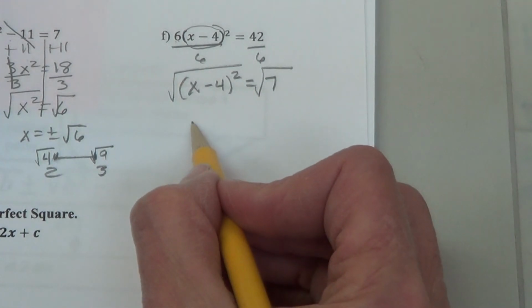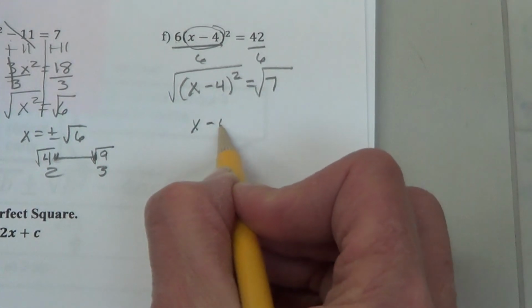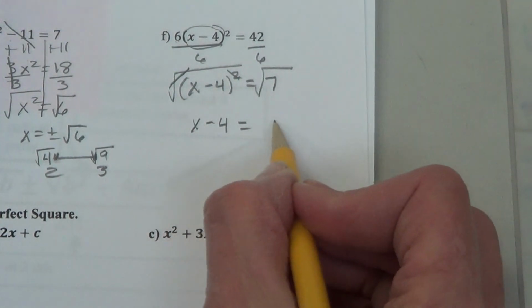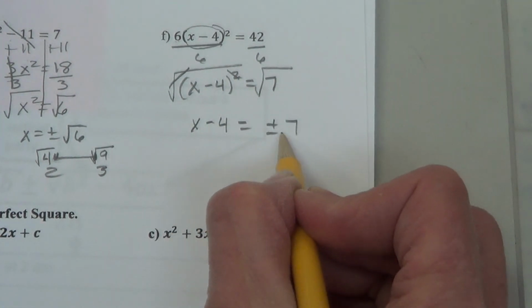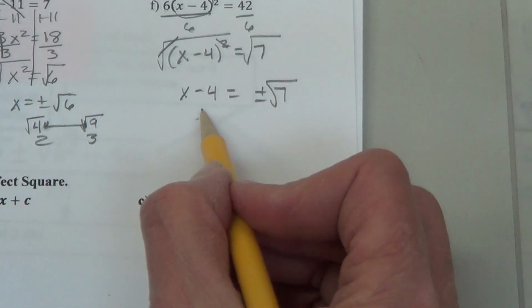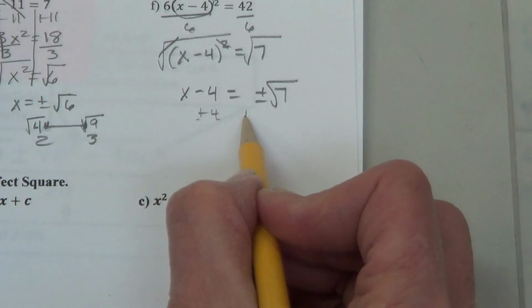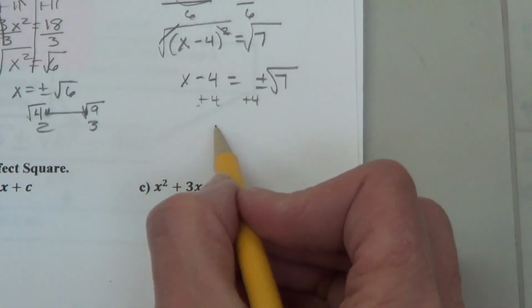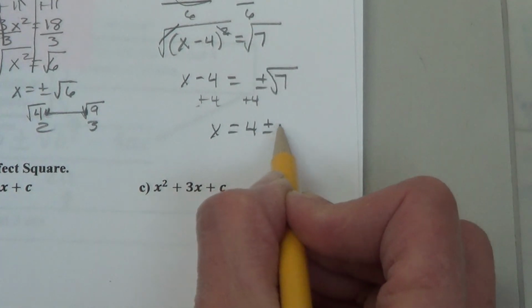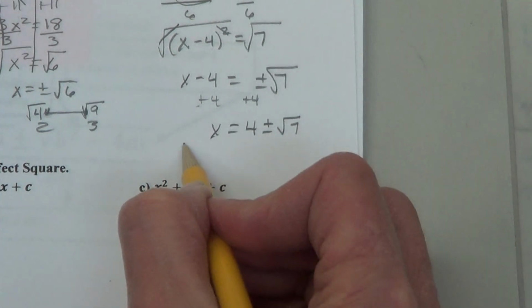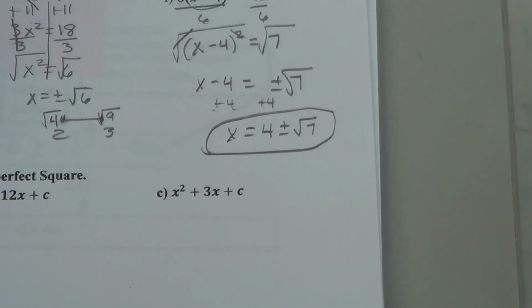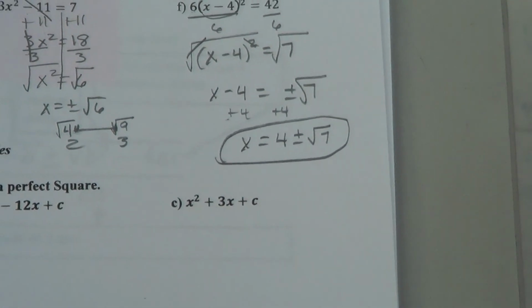So now we have x minus 4, because it's going to cancel the square, equals plus or minus radical 7. Now we see that we need to add 4 to get that x alone, so we have x equals 4 plus or minus root 7. Again, that is a real number, even though you have a radical left in the answer.